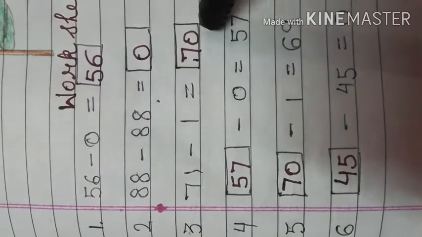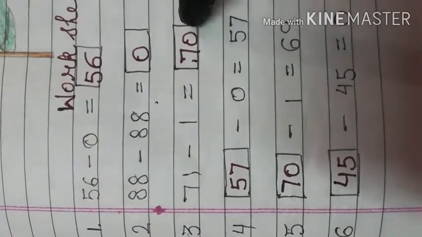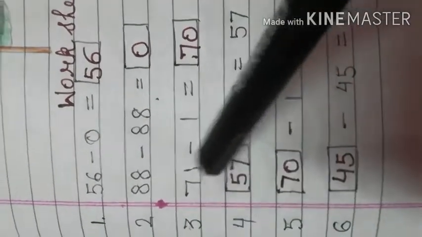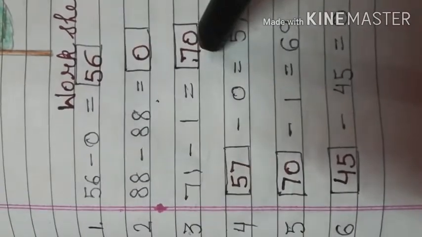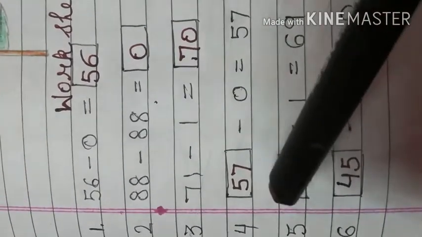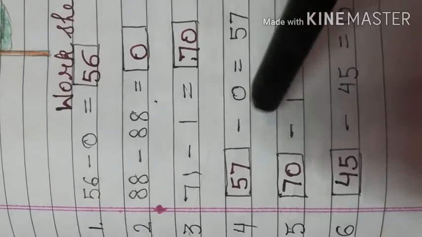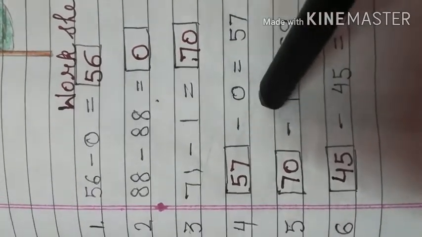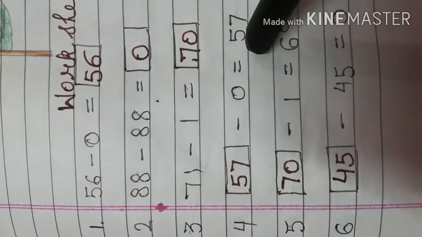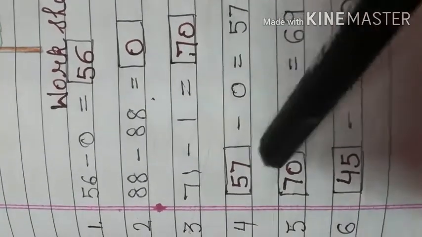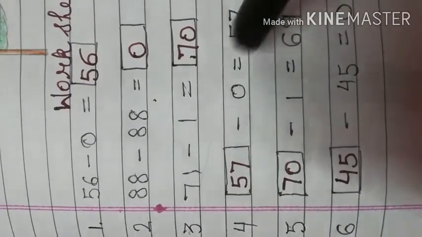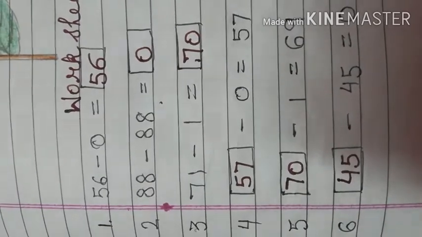That is why I have written 70 here. Just before means predecessor of 71 is 70. In the next question we have 57 minus 0. Now again you are subtracting nothing, that means you have the answer 57. So after subtraction you have got the same number, and that is 57.